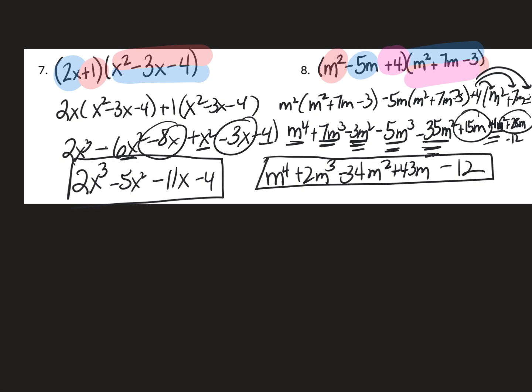Moving on to number 9. Now, both of these students tend to miss: please know you are not, air quotes, distributing 3x plus 2. You are actually multiplying 3x plus 2 times itself. So you're going to multiply 3x times 3x plus 2 and positive 2 times 3x plus 2.